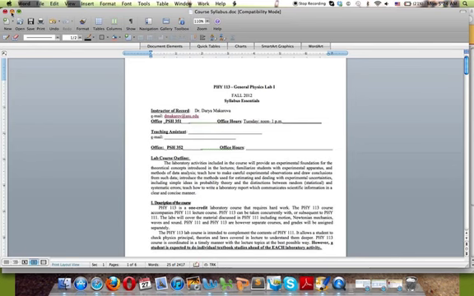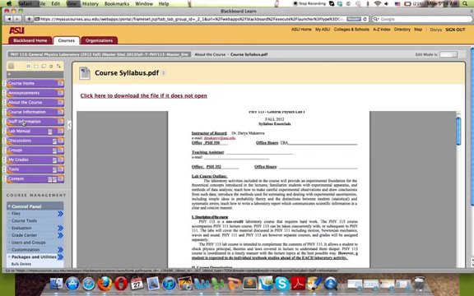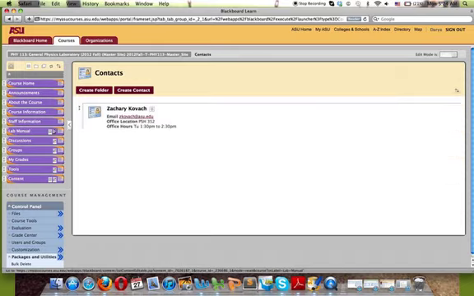I want to draw your attention to the fact that the office hours will be placed under staff information, and this is going to be the office hours of all of the TAs who are going to teach the course. You are welcome to attend any of these office hours. You don't have to attend only the office hours of your TA.